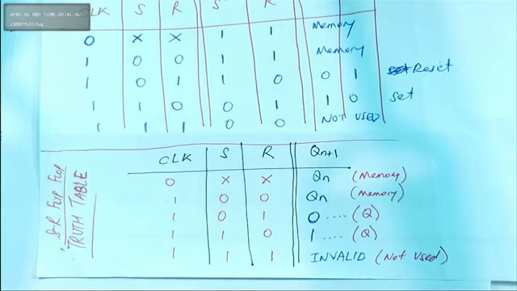So JK and SR, line 0, line 1, line 2, line 3, are exactly the same, copy-paste of each other. Only in line 4, the invalid line, the JK flip-flop is able to fix that problem. Because what if there's some static electricity and the 1, 1 gets fed into your SR flip-flop? Then after 1, 1 everything starts to mess up, right? So we now try and fix it. Let's now go about it.